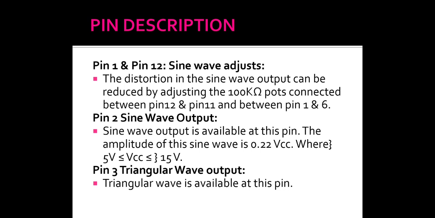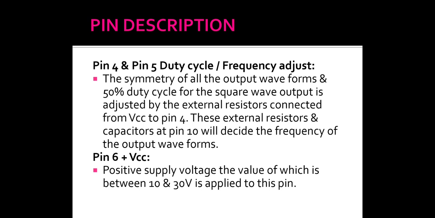And the second pin is the sine wave output. At that pin we get a sine waveform as output, and the amplitude of the sine wave is 0.22 VCC, where the value of VCC lies between 5 volt and 15 volt. Pin number 3 is the triangular wave output. The triangular wave is available at this pin.